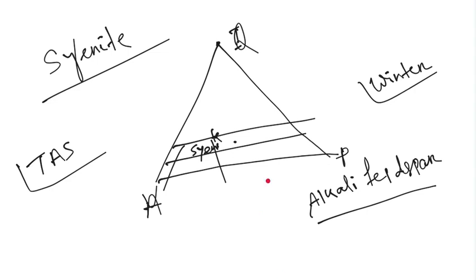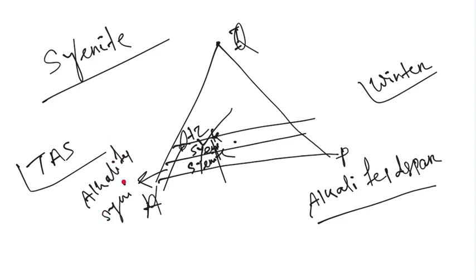So how can you classify syenite? You already know that. This is the quartz syenite. And this is the syenite. This is the alkali feldspar syenite. This one is the alkali feldspar quartz syenite.